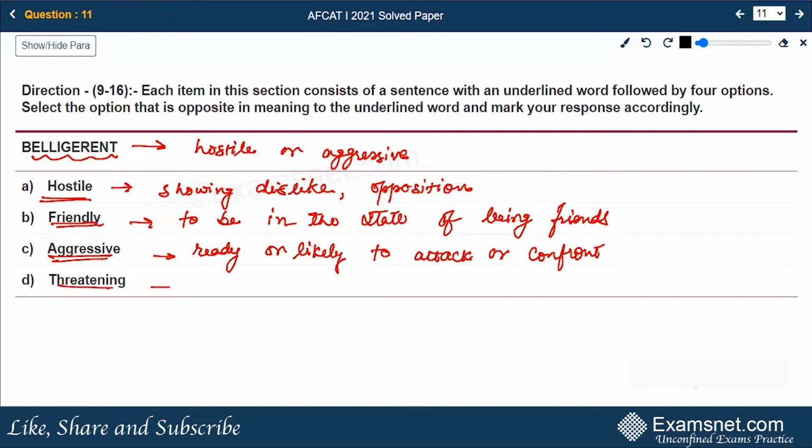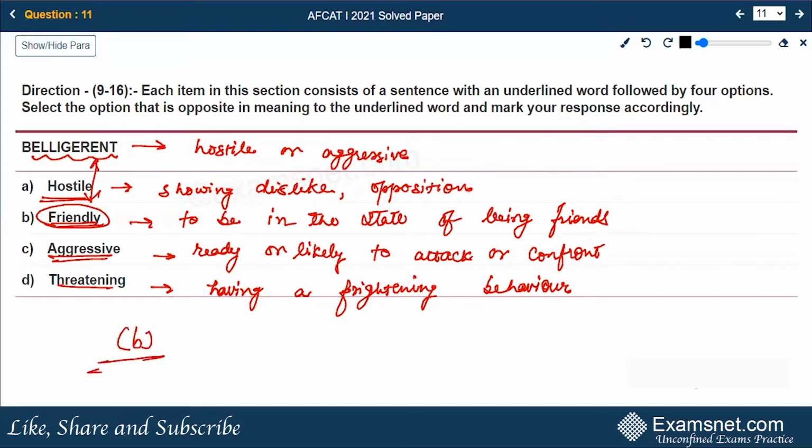Threatening means having a frightening behavior. So the word we were looking for, which is the antonym of belligerent, is friendly. Option B is my correct answer.